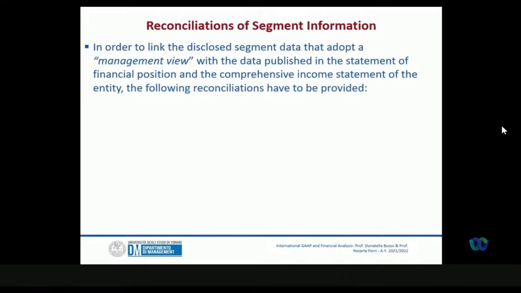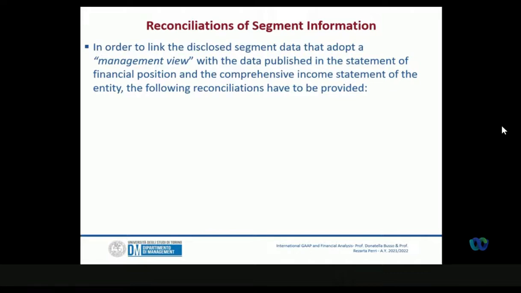For example, the total amount of income or revenue from the segments reported is not equal to the total revenue or the total income of the company itself. The management view perspective, the difference between GAAP and non-GAAP, and so on.